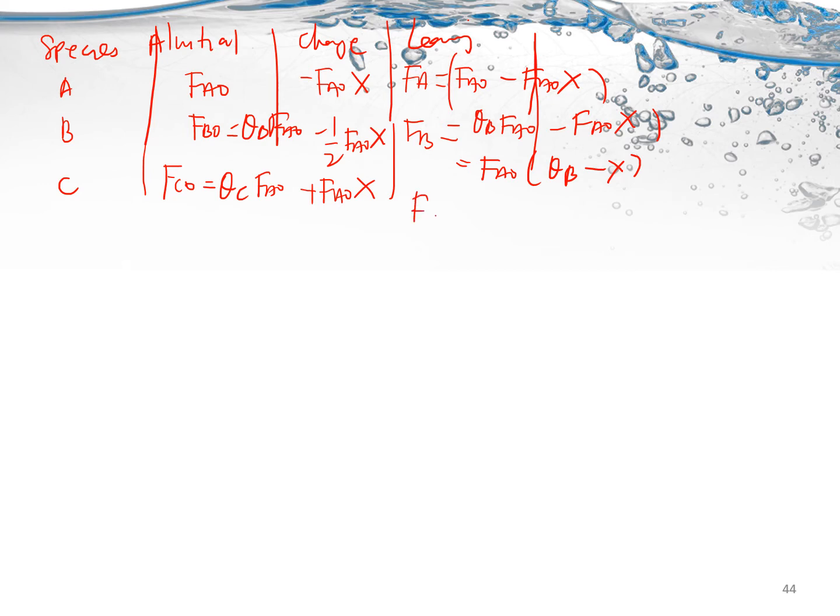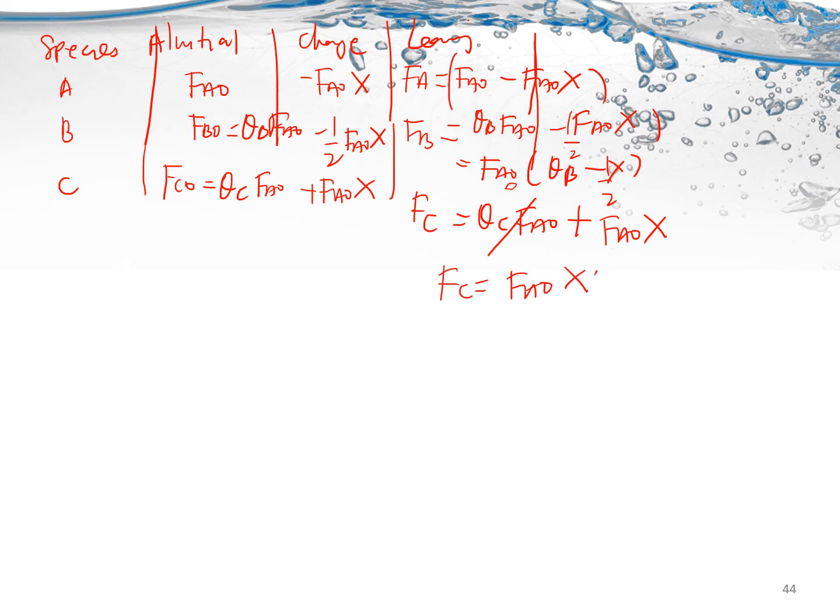For FC, it should be theta C FA0 plus FA0 X, and theta C is 0. So we have FC equal to FA0 X.